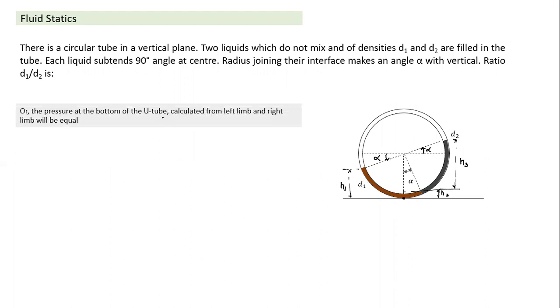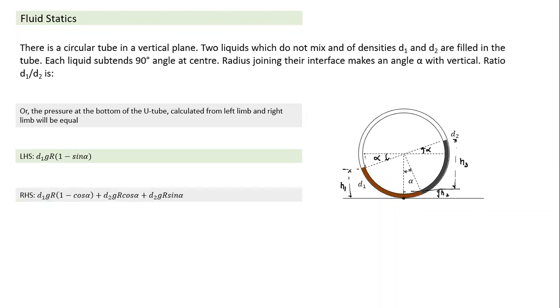So pressure at the bottom of the tube calculated from left and right will be equated. Left hand side pressure is density into g into height H1. Height H1 is R minus R sine alpha, so it becomes R(1 minus sine alpha). I have just subtracted this height, which is R sine alpha. Now coming to the right hand side, what is this height H1? H1 is equal to R(1 minus cos alpha). This is H1 here.